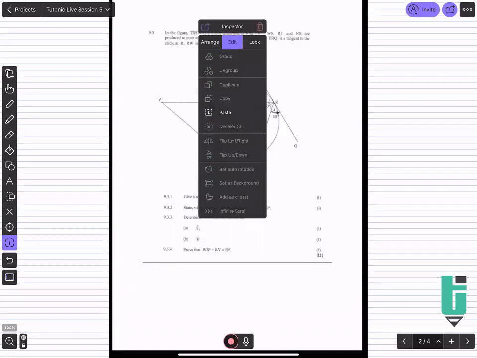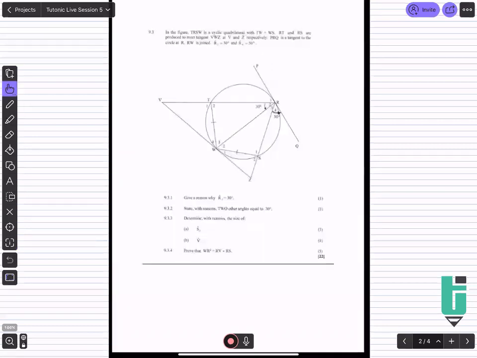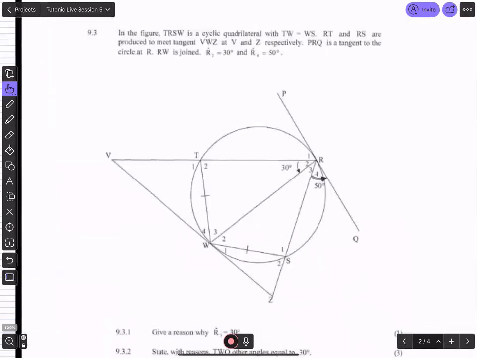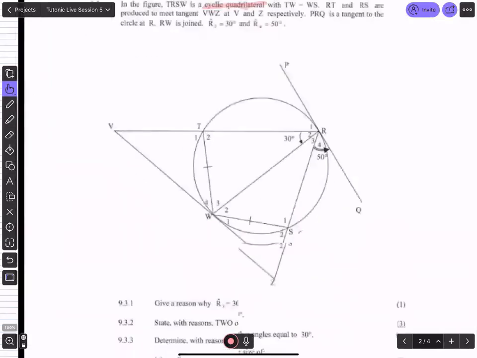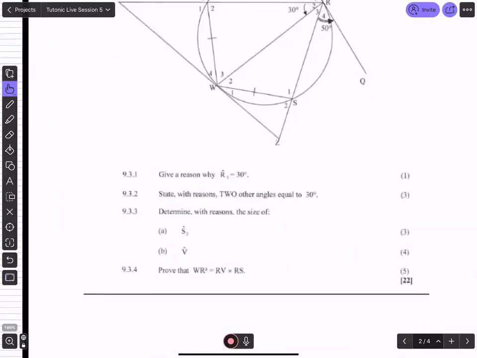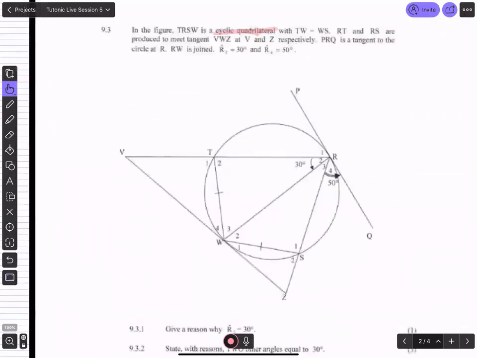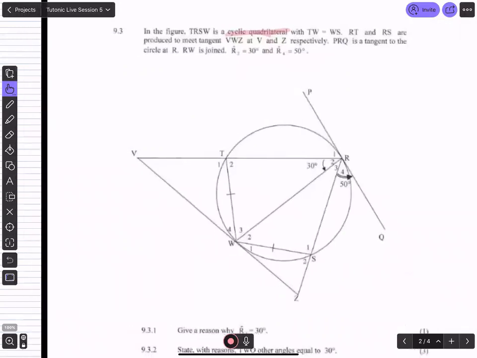Right. So it says in the figure, TRSW is a cyclic quadrilateral. Now, remember guys, I always tell you, before you look at the questions, you already have answers. Now tell me, what do you know?